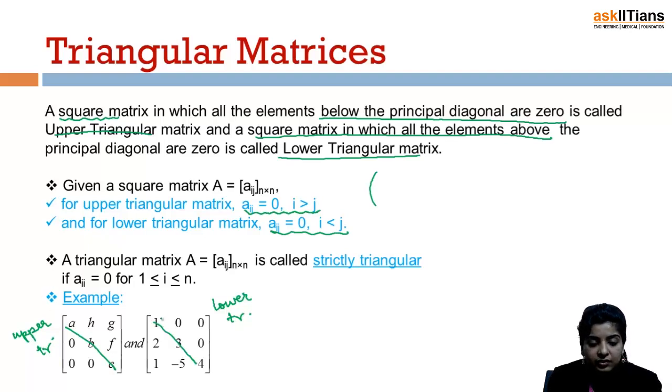So in this case, if I have the diagonal entries as zeros instead of 1, 3 and minus 4, then this would become strictly lower triangular, right? So just remember for upper triangular and lower triangular, because it's a bit confusing concept: in case of upper triangular, the elements below the principal diagonal are zeros, and vice versa in case of lower triangular.